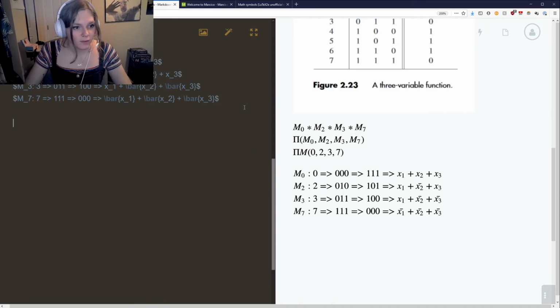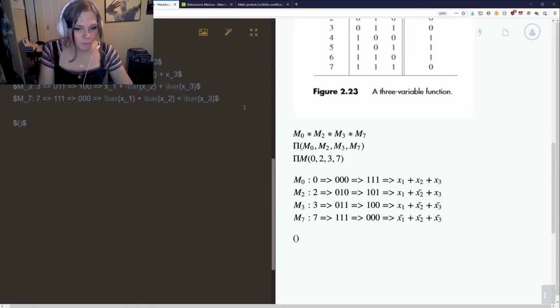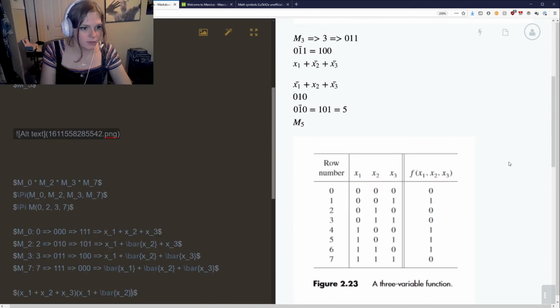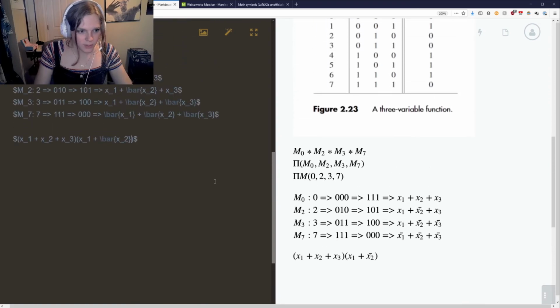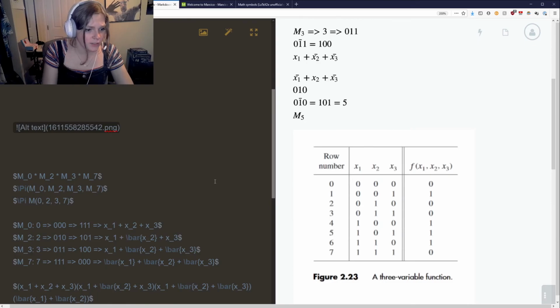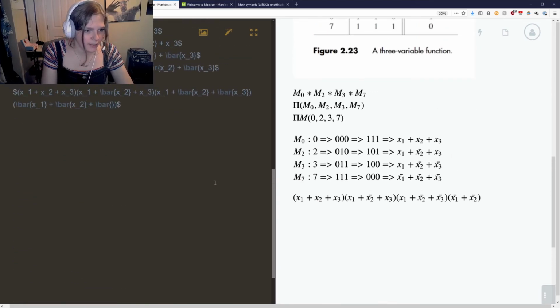Right? So we have, finally, this truth table is represented by the Boolean function x1 or x2 or x3, and x1 or not x2 or x3, and x1 or not x2 or not x3, and not x1 or not x2 or not x3.